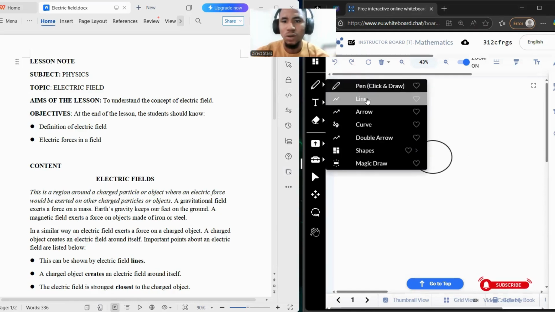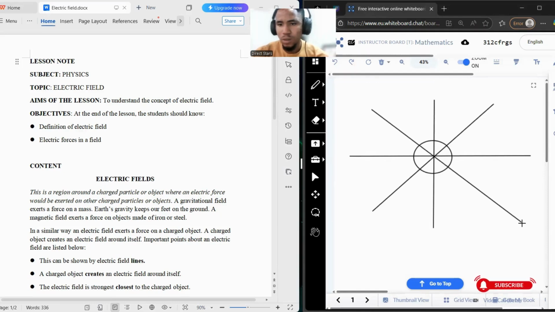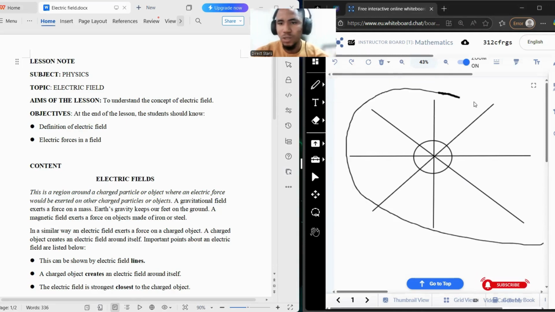Now this is what we call the electric field. All these sides are called electric field. These are the electric field lines. These are the lines, while all this region, all this space, is called the electric field.